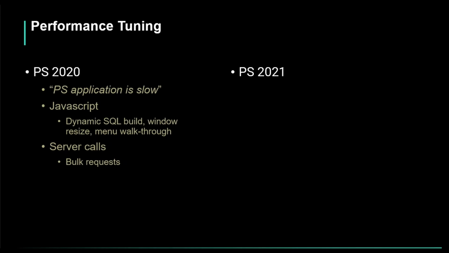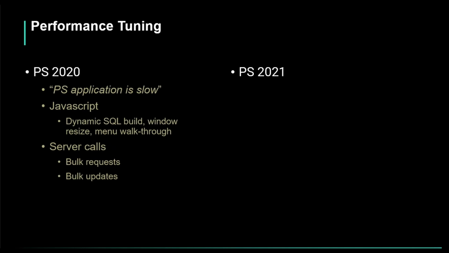And PowerServer 2020 provides a language extension called labels to group server calls like bulk requests, so multiple DataWindow retrieves, multiple or sequential embedded SQL, and bulk updates.